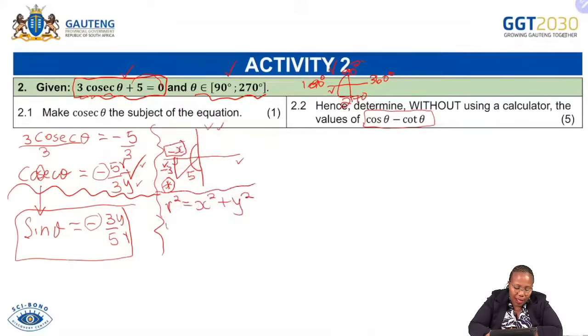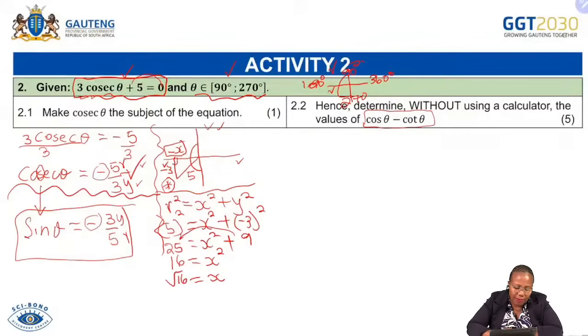And then what is the r value here? It's 5 squared. And the x value, we are looking for that. And the y value is minus 3 squared. And the 5 squared is 25, equal to the x squared. And then the minus 3 squared is 9. And then 25 minus 9, we are having 16. That is x squared. So to get the x value here, we are looking at the square root of 16, plus minus that. But because our x is negative, we'll take only the negative one.